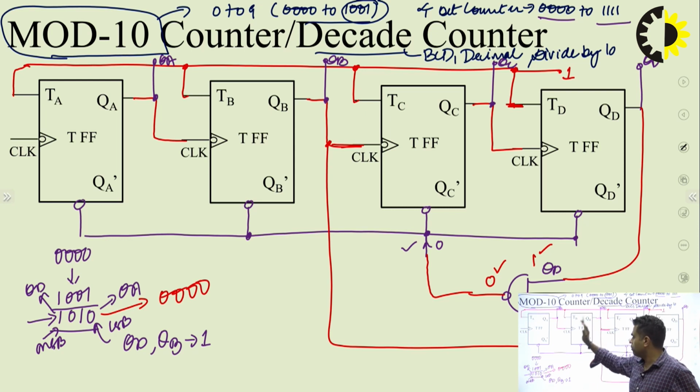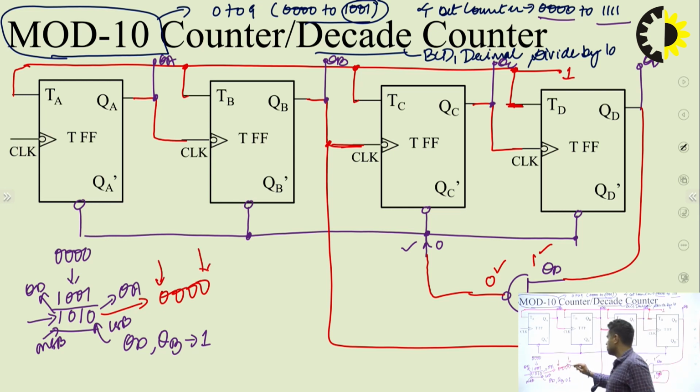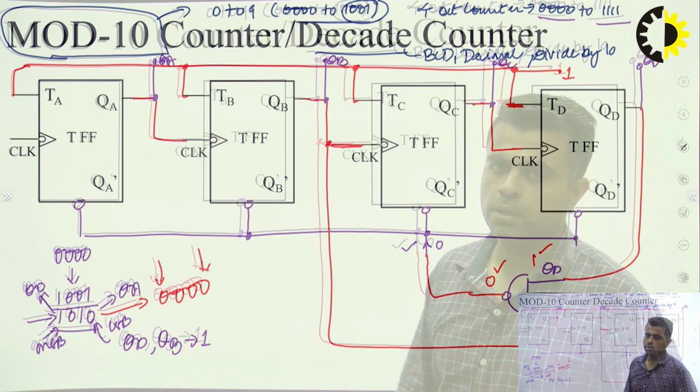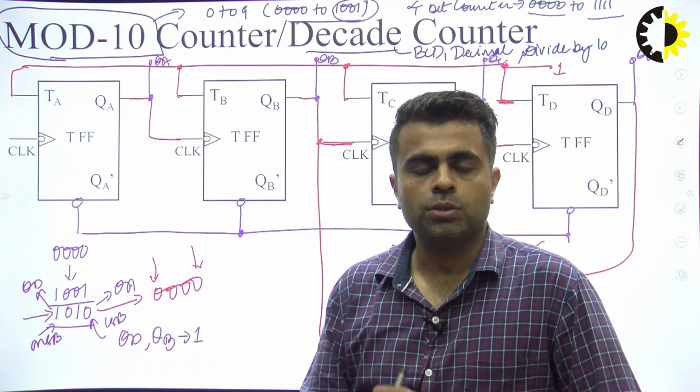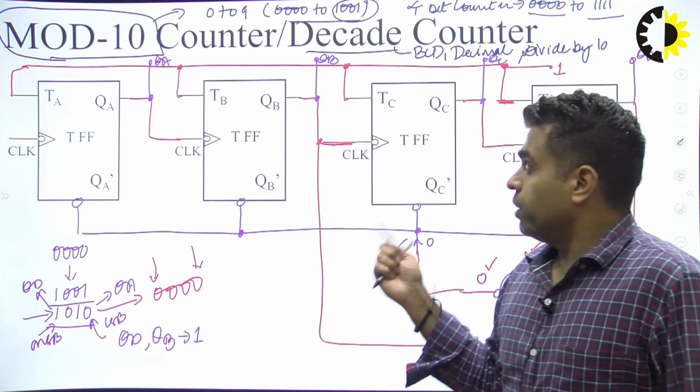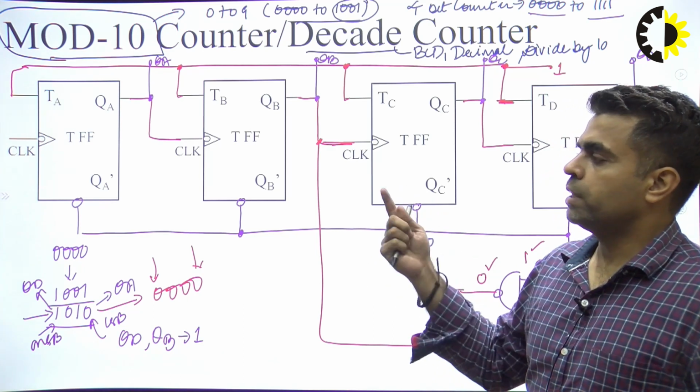All flip-flops will get cleared, and they will provide 0, 0, 0, 0 output. That means instead of getting a 10, I am getting a 0. So in this way we can design mode 10 counters.